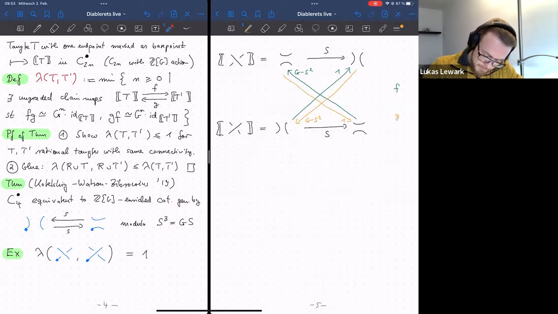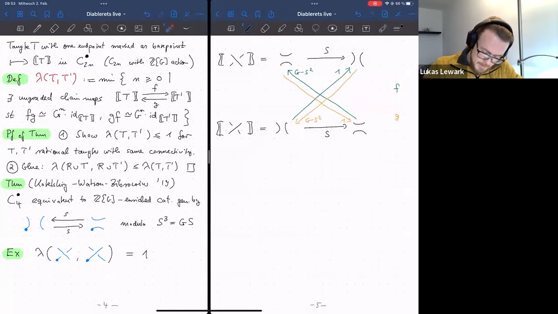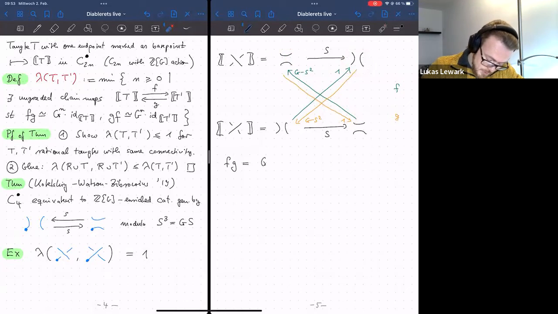So that's G. And now what you get when you compose F and G, well, if you first do G and then F, you get G minus S squared here and the same here. So this is just equal to G minus S squared times the identity.